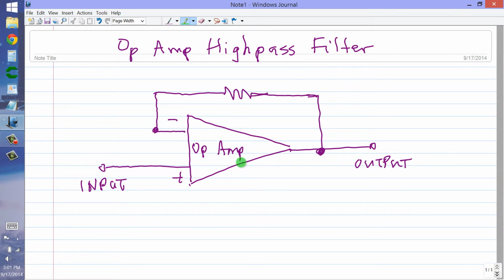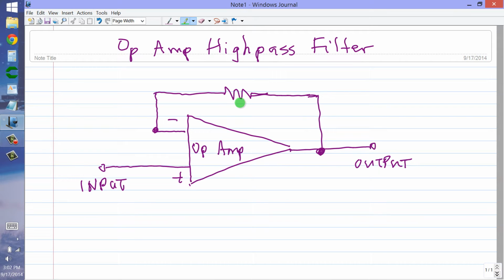The basic operational amplifier circuit, as we have seen, has an input and an output, actually two inputs, the non-inverting input and the inverting input. If you supply some feedback to the inverting input and apply the signal input to the non-inverting input, you will get an output that is in phase with the input signal, and you can adjust the gain of this operational amplifier by adjusting the value of this resistor.